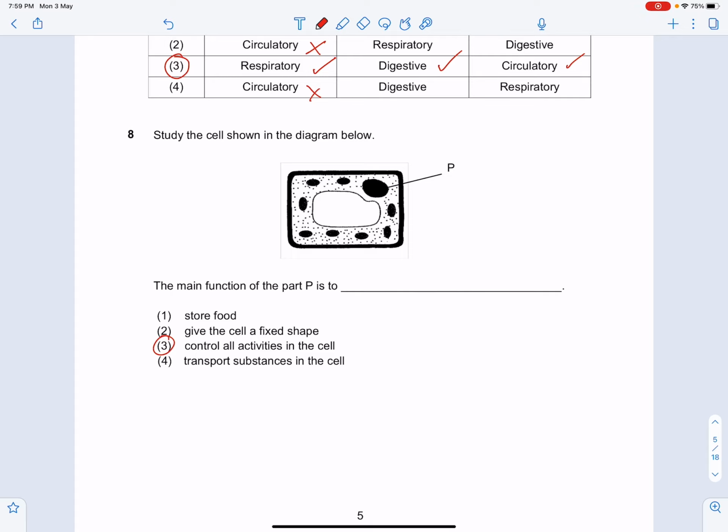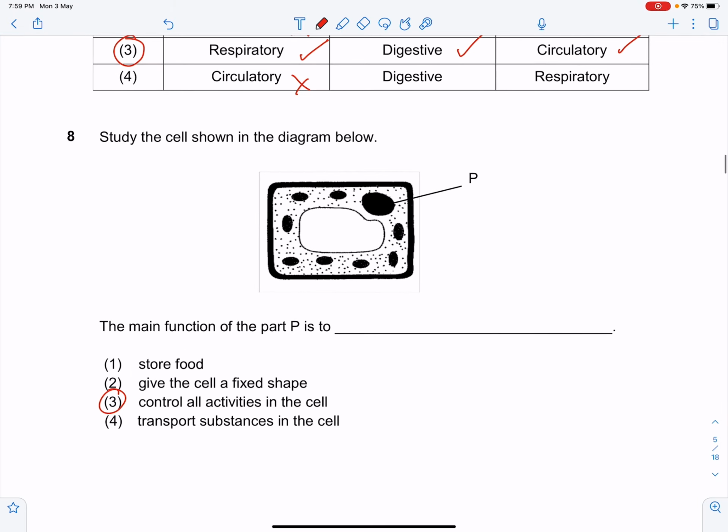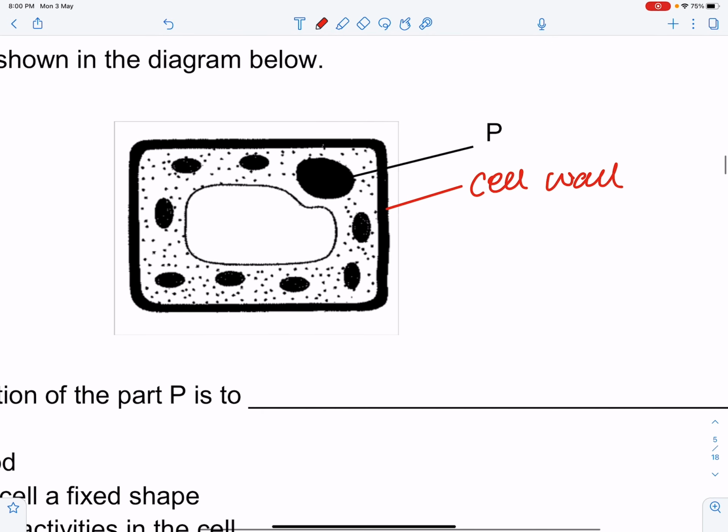Obviously, we have the other structures, which I'm going to very quickly identify for you, just in case you didn't have a chance, as a quick refresher. The line on the very outside, the outermost one, is your cell wall. Oh, my apologies, I've said something wrongly.